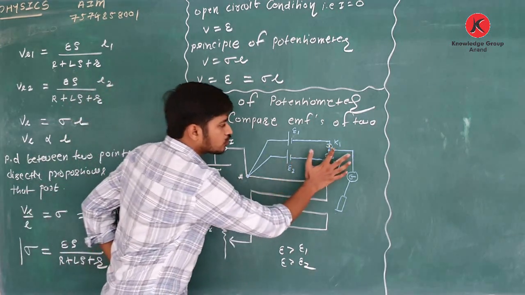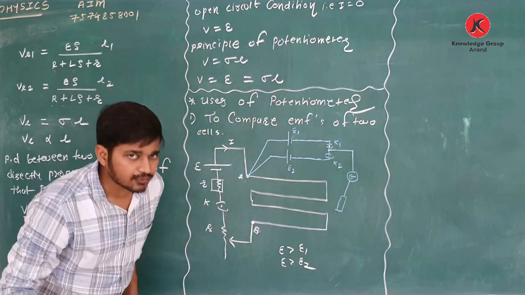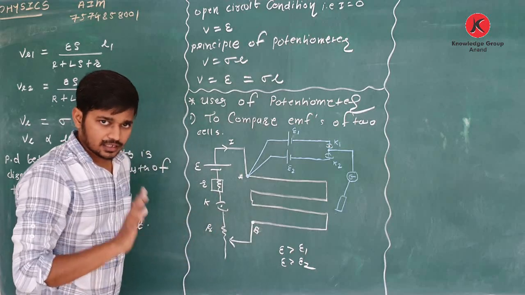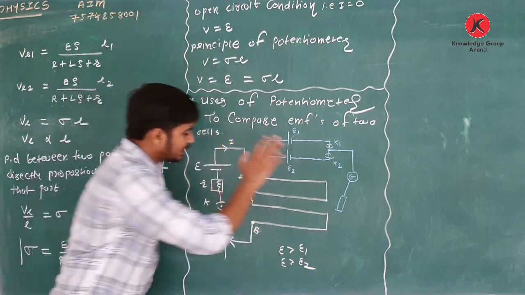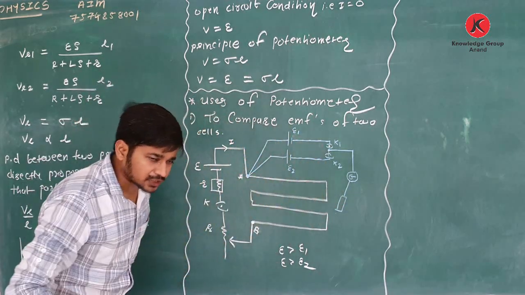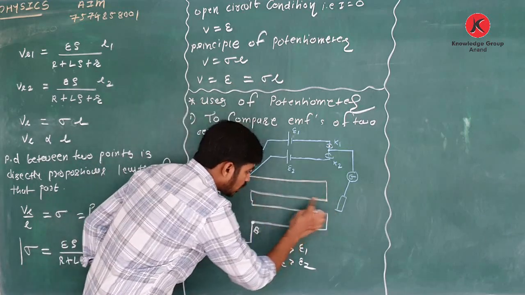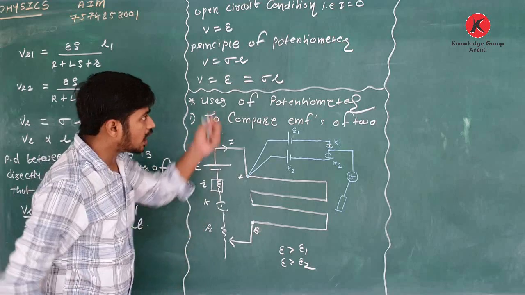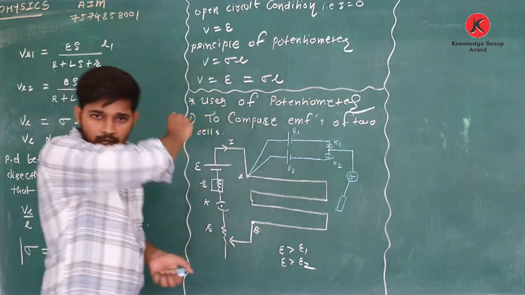Again, if you close key K1, this cell E1 comes in the circuit. The galvanometer shows some deflection when you move the jockey on this wire. Clear about this? So see how to write.